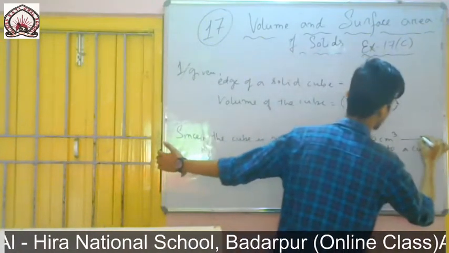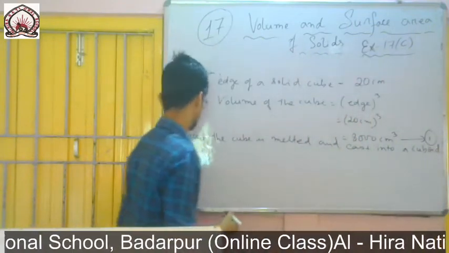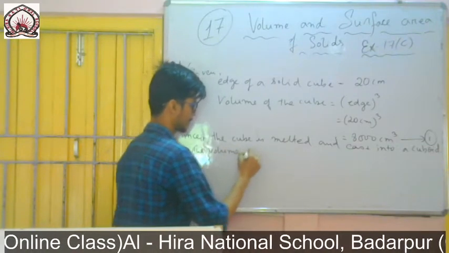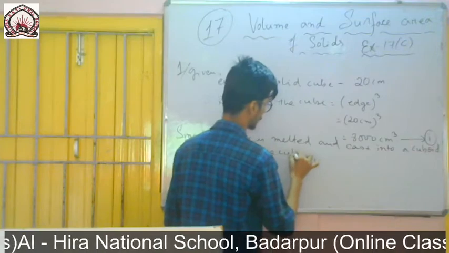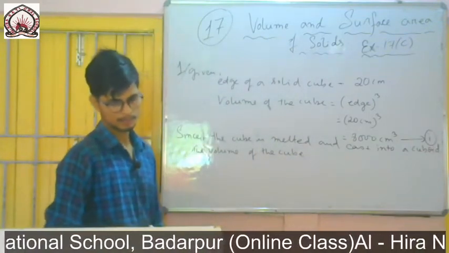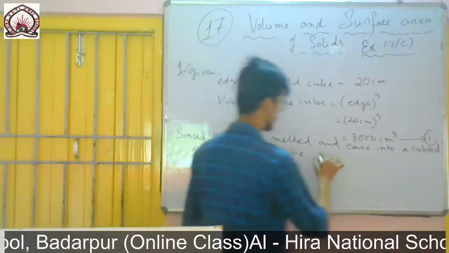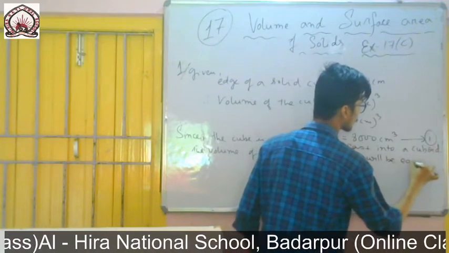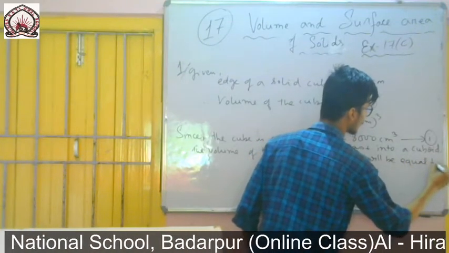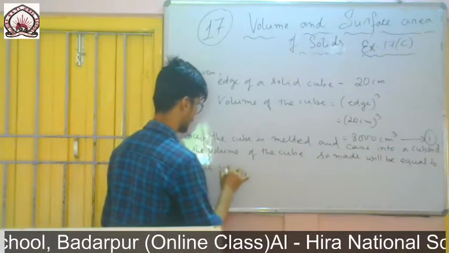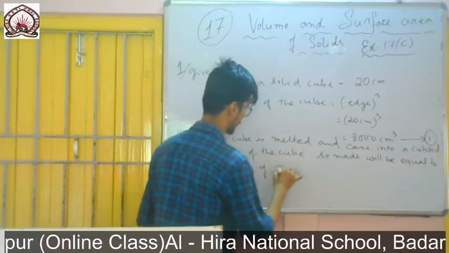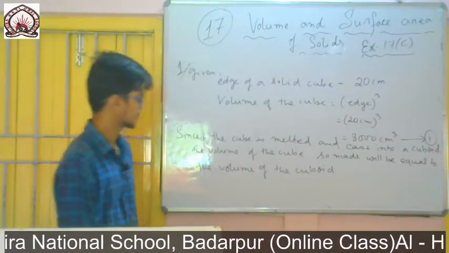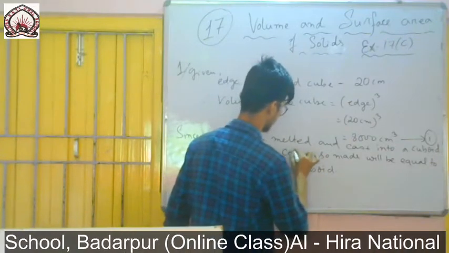Okay, here you give Roman number 1, this one. So therefore the volume of the cube so made will be equal to, sorry, the volume of the cuboid which I made.